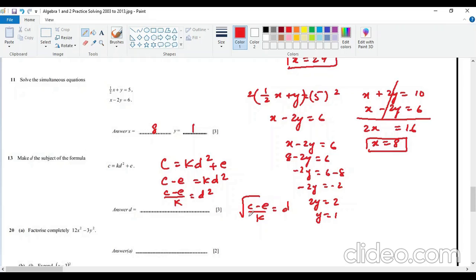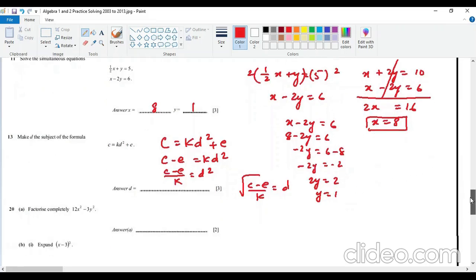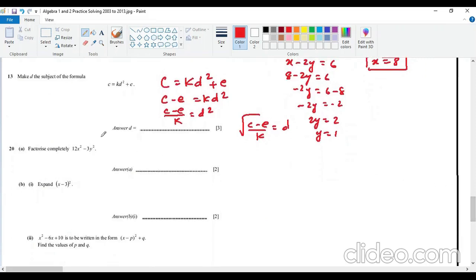Now comes next question. It says factorize completely. In here, I know very well 3 is the number that can divide both the numbers. Question is 12x square minus 3y square. 3 is the number that I will take out. 3 outside, and 4x square minus y square.